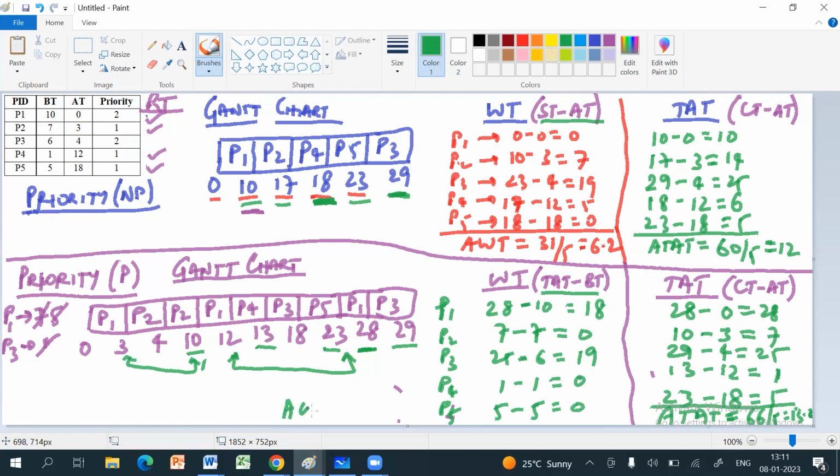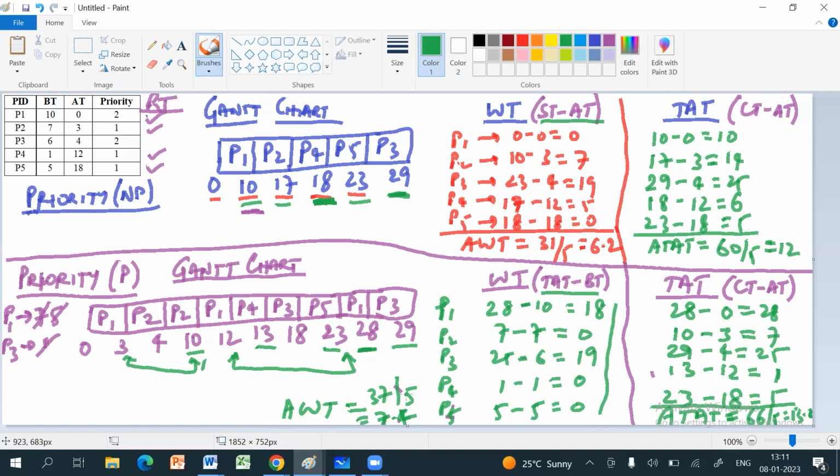So the average wait time would be the sum of all this divided by 5, that is 37 divided by 5, which is 7.4 actually. Hope you got the point here.